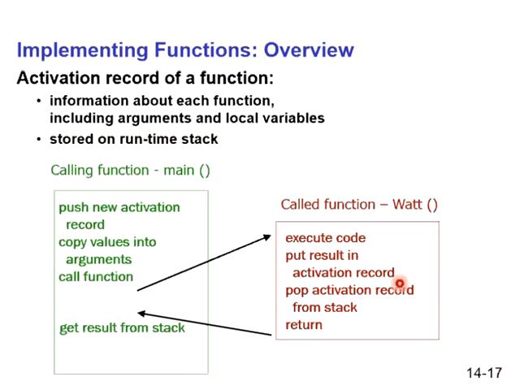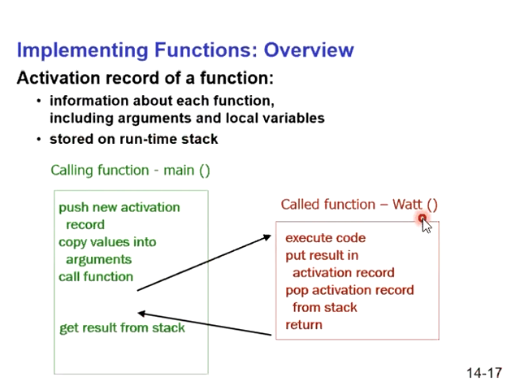So you need to do some steps here. Firstly, you put a new activation record into the runtime stack. You copy values into the arguments for running the function you want to run, and then you call the function. For example, main calls the function what.